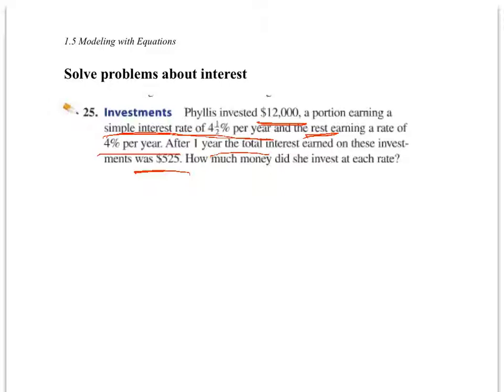This problem assumes that you know the simple interest formula. The simple interest formula is that the amount of your investment is equal to the principal that you invested times the interest rate plus the amount that you started with. Actually, that's not the formula that I wanted you to know for this.